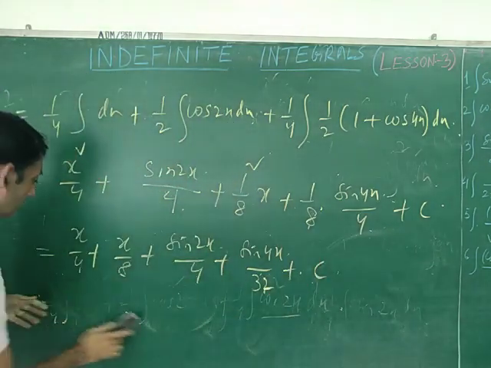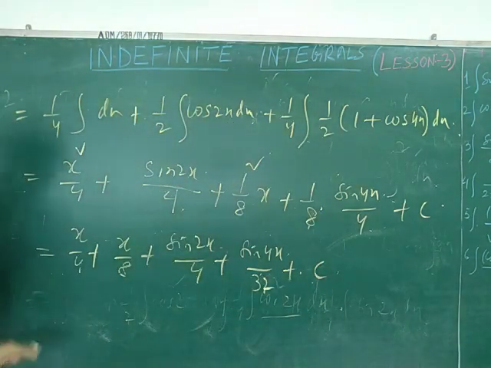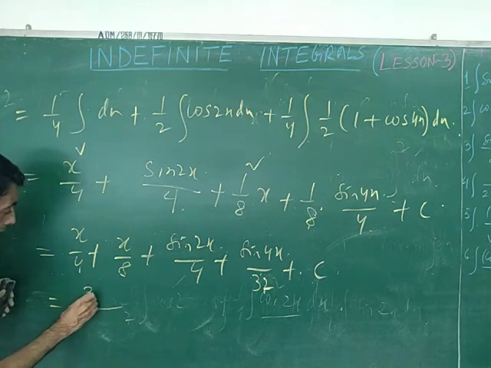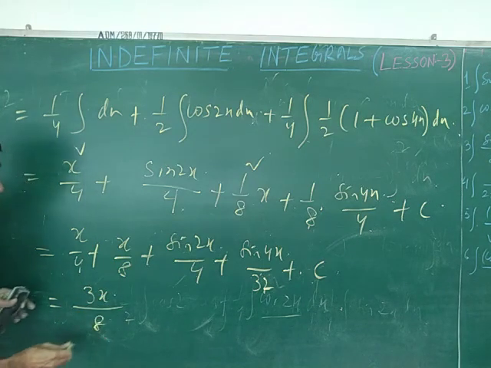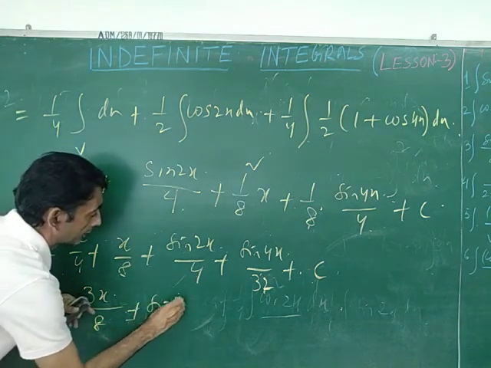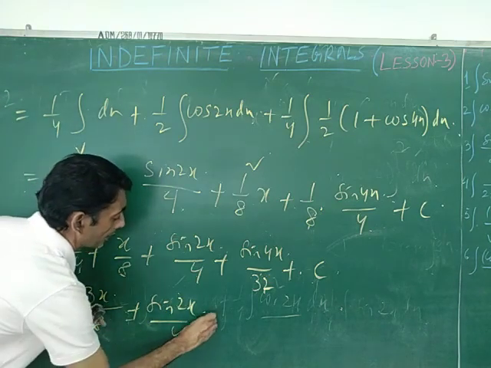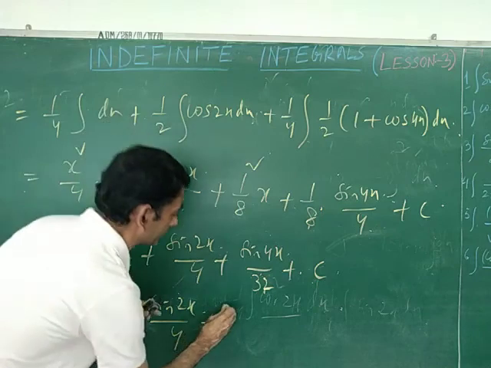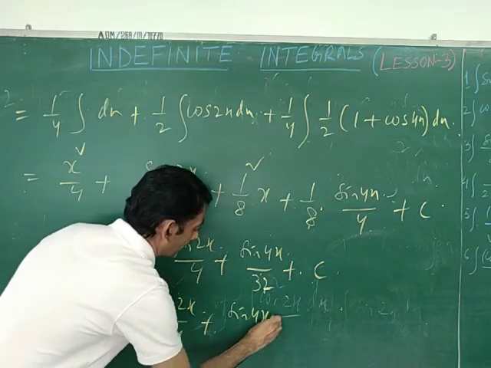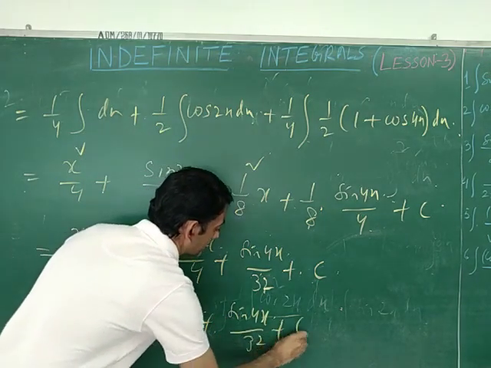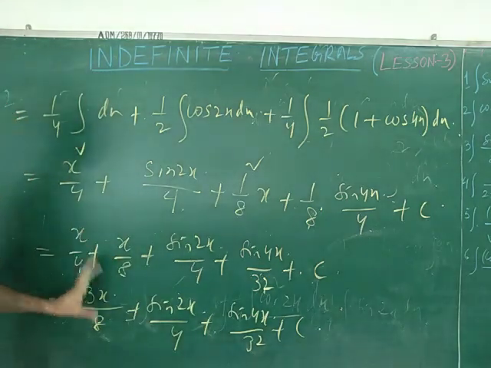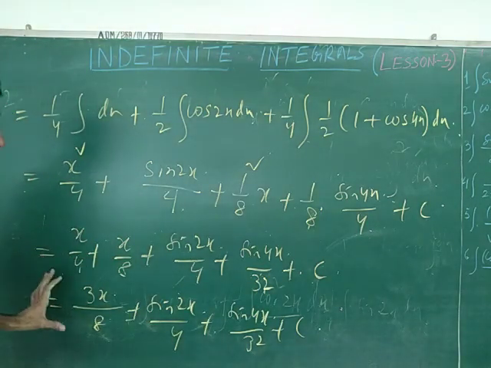Finally, we add x by 4 plus x by 8, so it will be 3x by 8 plus sine twice x by 4, plus sine 4x by 32 plus c. This is the final answer for this question.